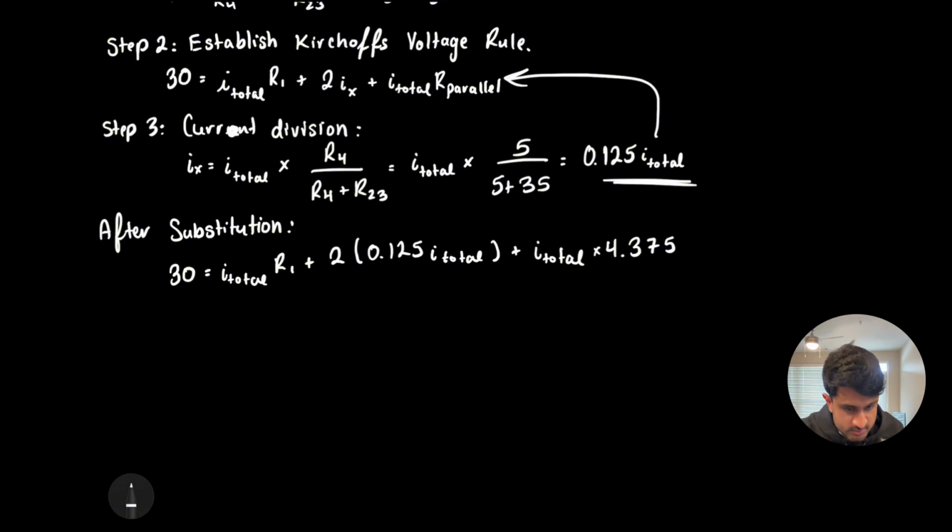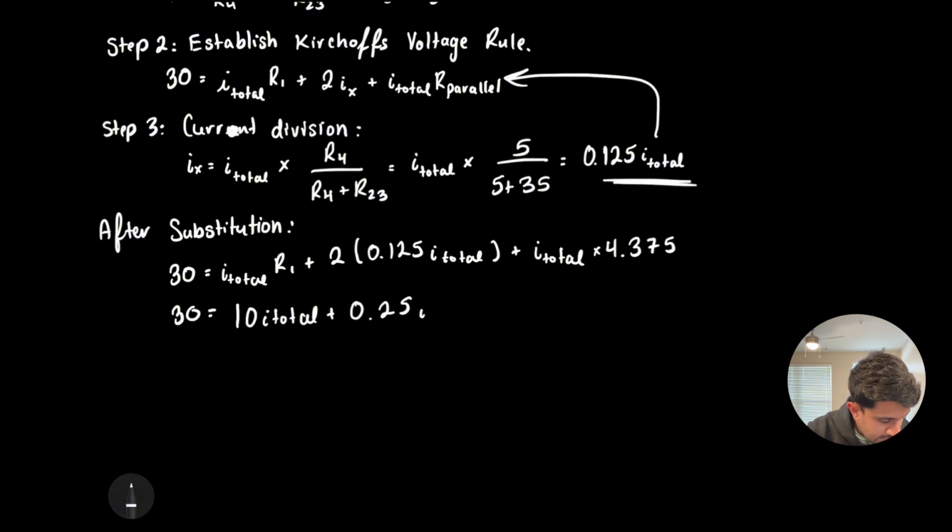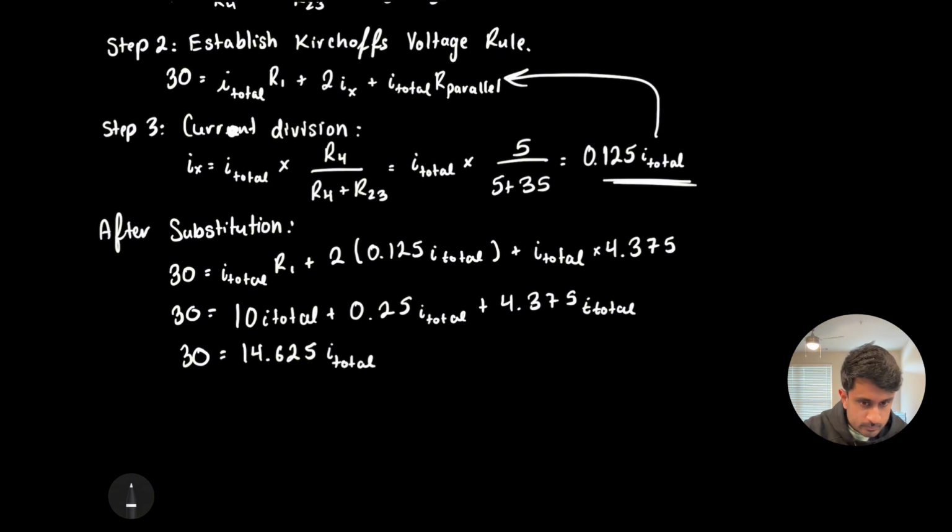Now we can simplify this, meaning 30 is equal to 10 I total plus 0.25 times I total plus 4.375 times I total, meaning we get 30 is equal to 14.625 I total.